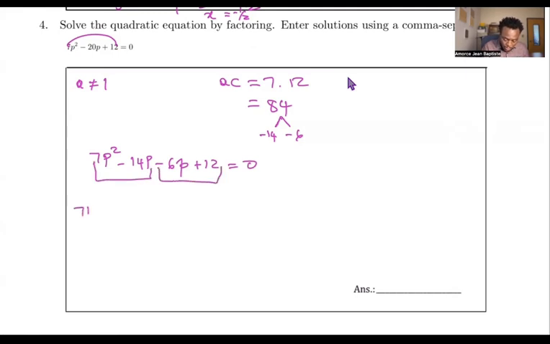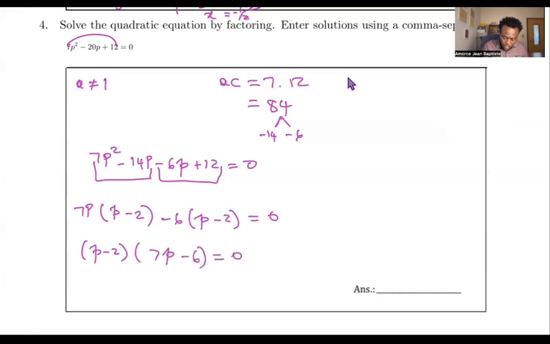GCF is 7p, so that's p minus 2, and then negative 6, so p minus 2 equals 0. Factor the p minus 2 out, so 7p minus 6 equals 0.